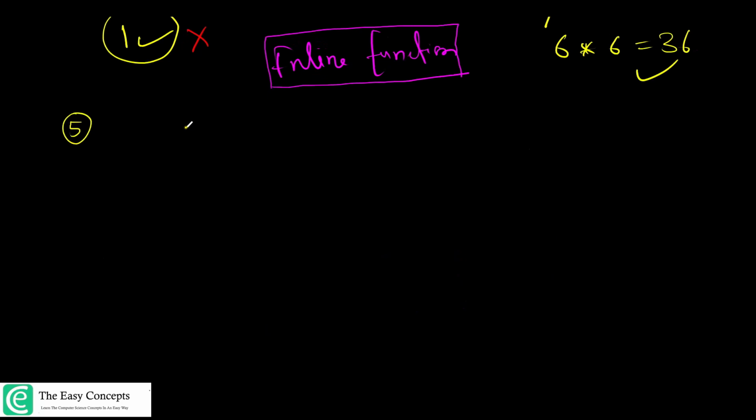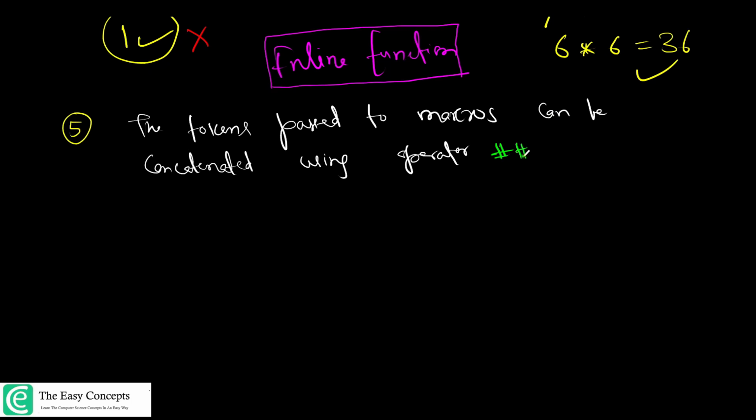So the fifth point is that tokens passed to macros can be concatenated using an operator, and let me show you the operator, double hash. And what is this operator called? This is called the token pasting operator. Okay, so how does it function? If you write a hash b, it will become ab.